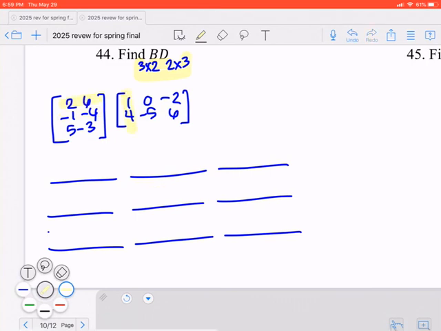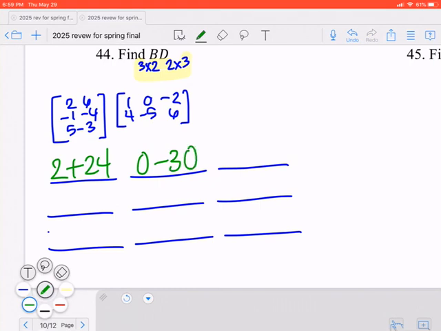So first row, first column. I'm multiplying. So 2 times 1 is 2, plus 6 times 4 is 24. First row, second column. 2 times 0, 6 times negative 5.